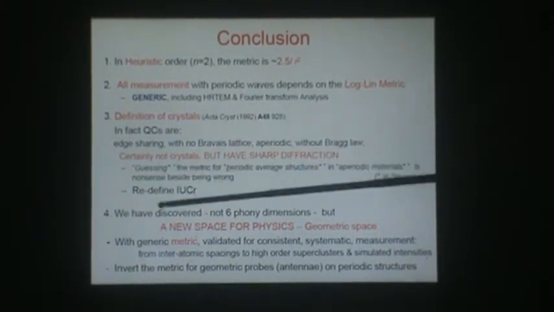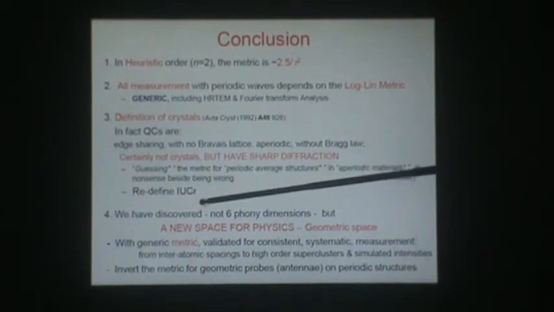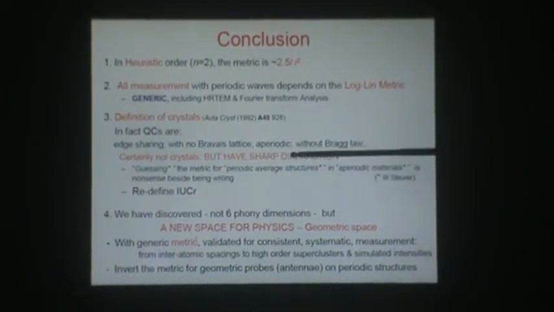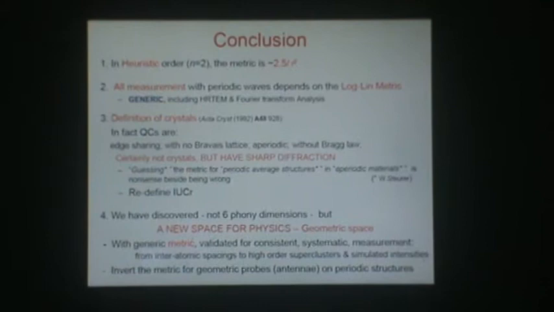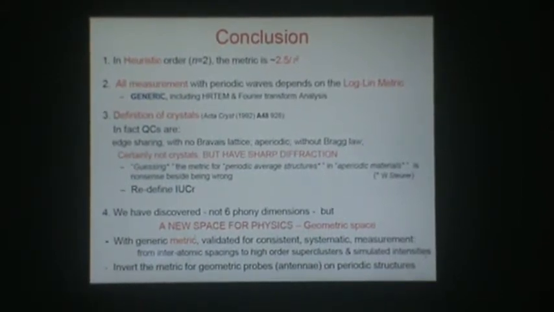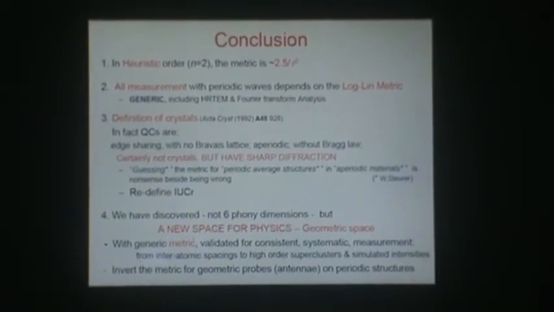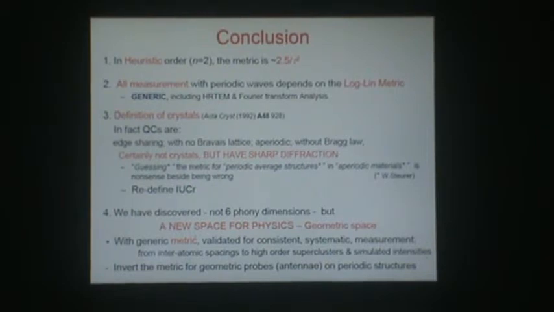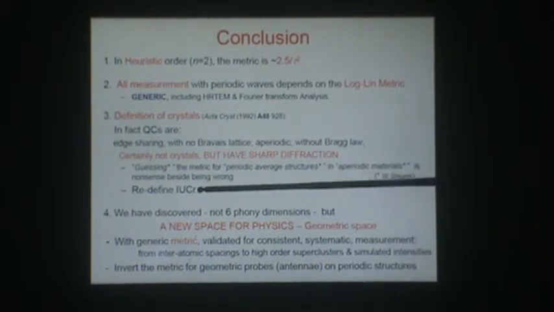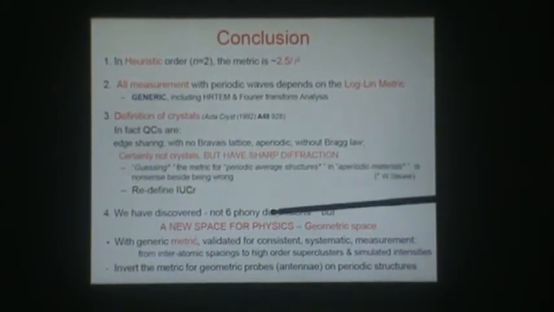The International Union of Crystallography defined crystals as solids with a sharp diffraction pattern. But here we have a structure which is edge-sharing, which has no Bravais lattice, which is aperiodic, which does not obey Bragg's law. It's certainly not a crystal, but it does have a sharp diffraction pattern. And what it means is that it's time to redefine a crystal, but I don't have time to do it.